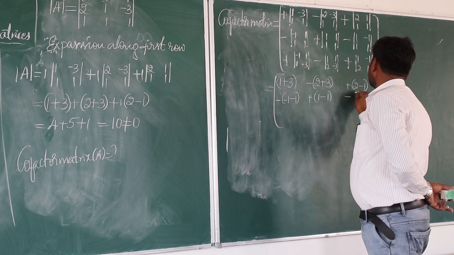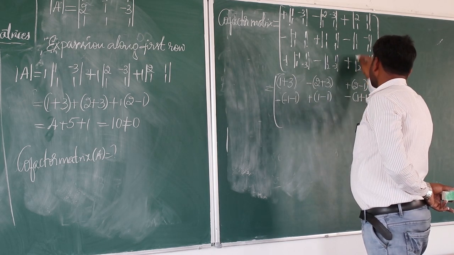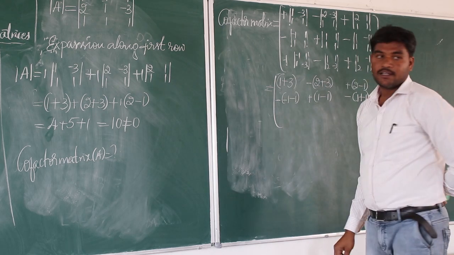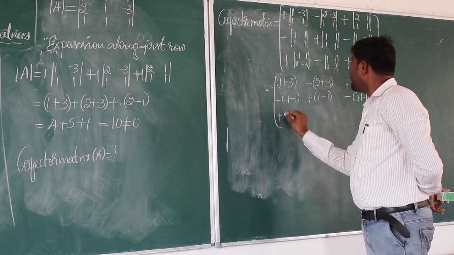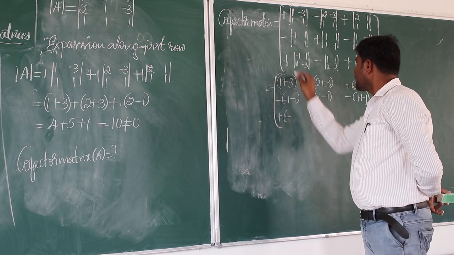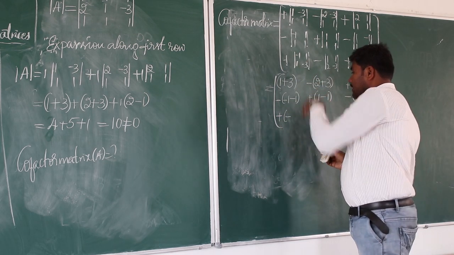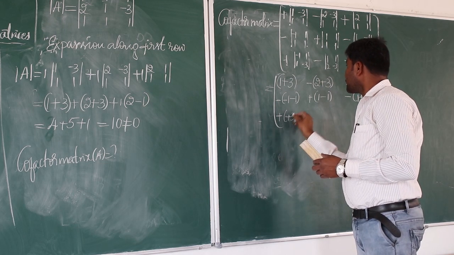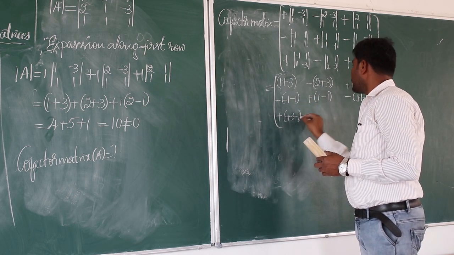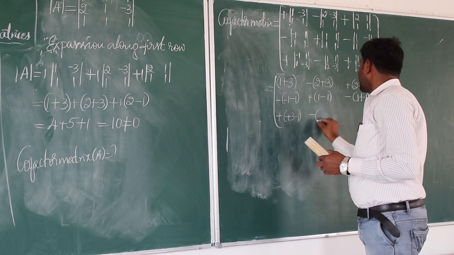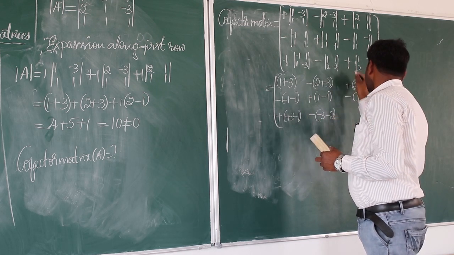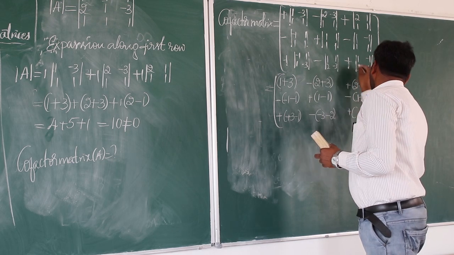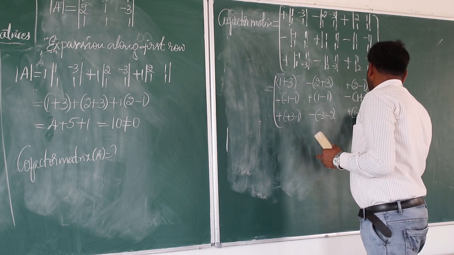So minus of 1, plus minus of minus 1 becomes plus 1. Like that, third row elements: minus 1 into minus 3 becomes plus 3, minus 1. Next element, minus of determinant sign minus 3 minus 2. Lastly, plus of 1 minus of minus 2 becomes plus 2.